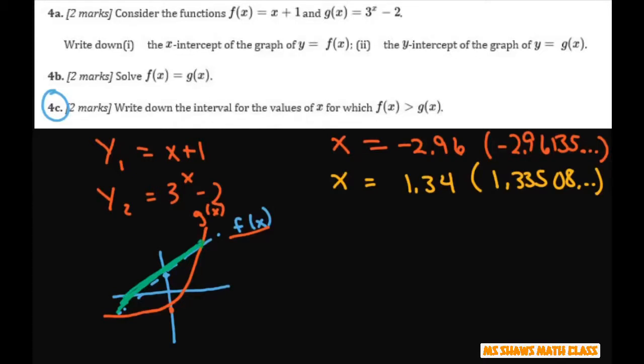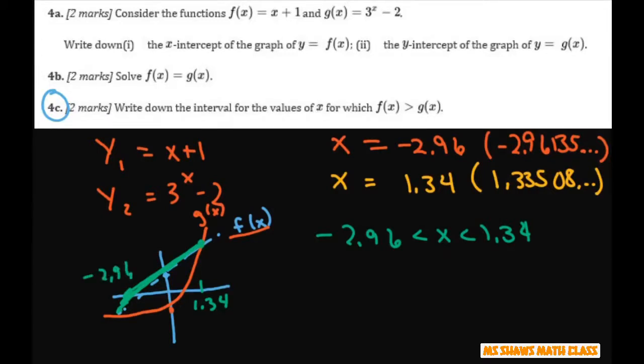So when you do your calculator in the second trace, use that, and you should get between -2.96 and 1.34. So this would be 1.34 on the x, and on the x here this would be -2.96.